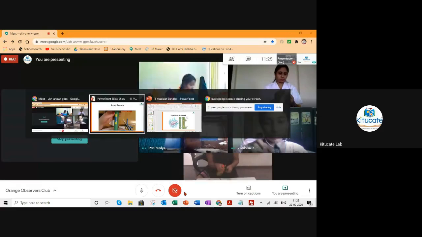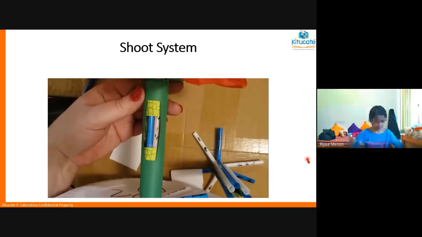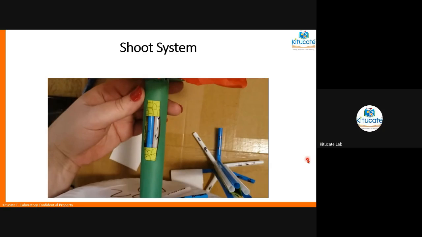I'll keep that screen on. So you all can see it. So on one straw, downward arrows, and on one straw, upward and downward both. Now the bottom portion is where your flexible part is. If you can see in this image, that is the root.